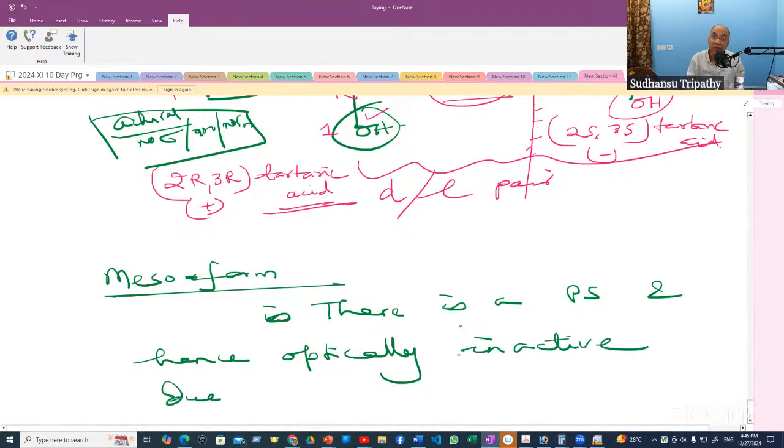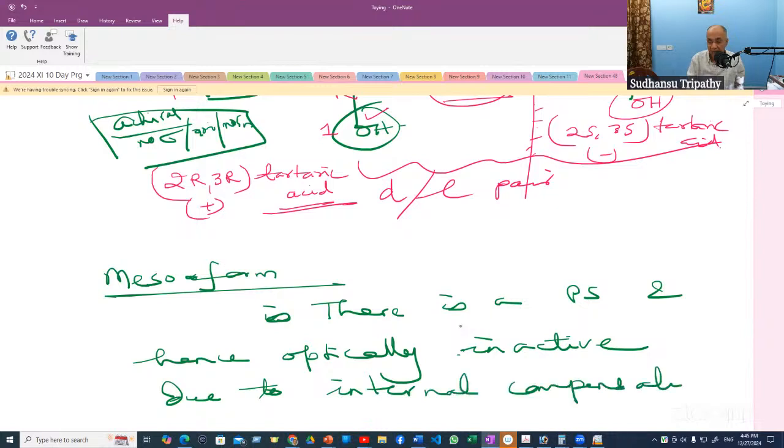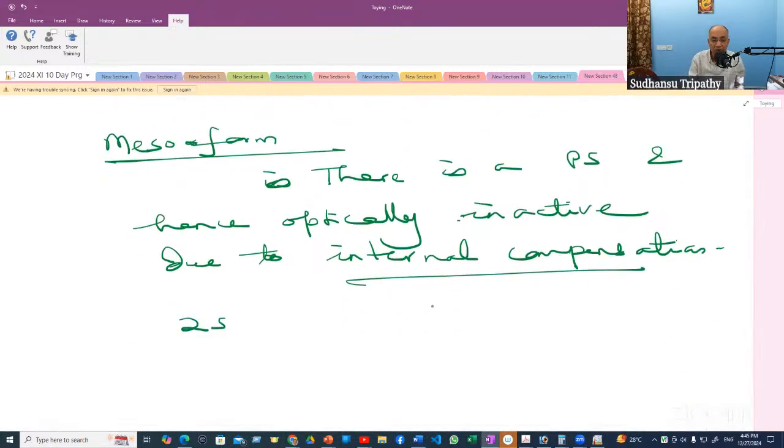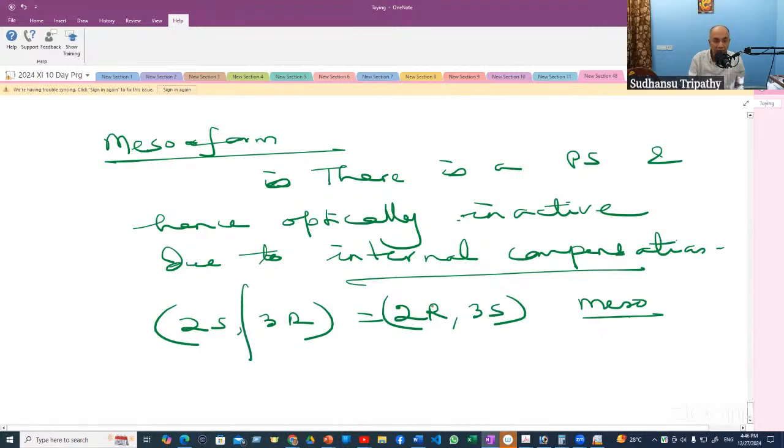The racemic mixture was external compensation, this is internal. Because one half is opposite to the other half, 2S, 3R is equal to 2R, 3S, meso form. So one half and the other half are mirror images. Whether you rotate clockwise or anticlockwise, the molecule internally will compensate each other and the optical rotation is zero. So it is inactive due to internal compensation.